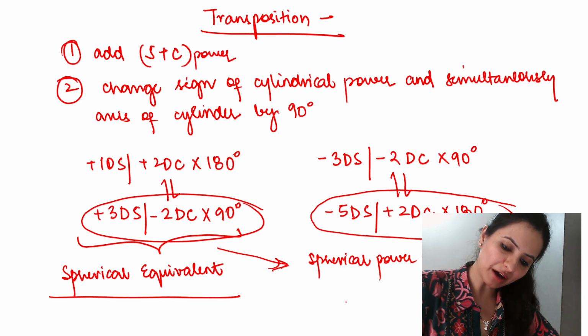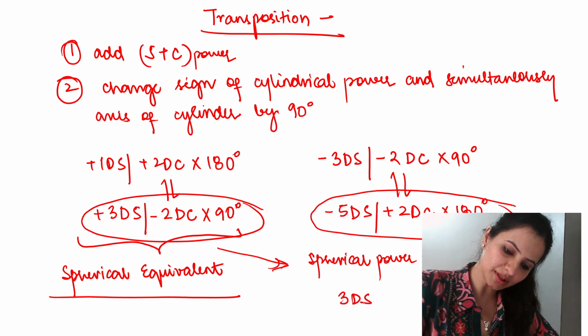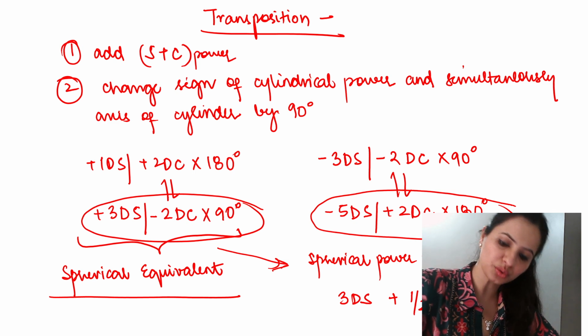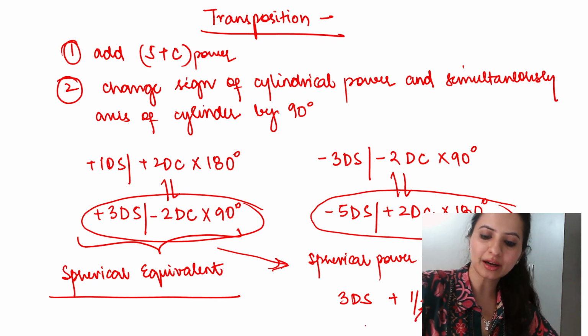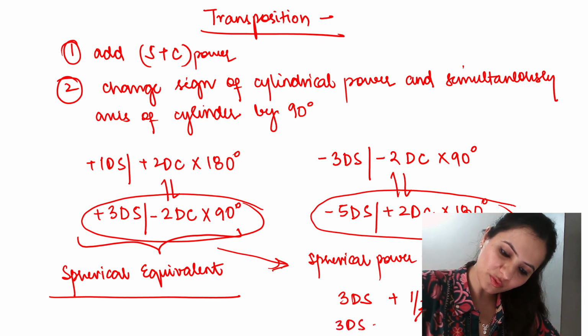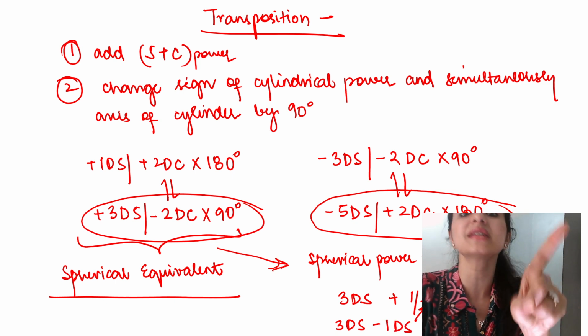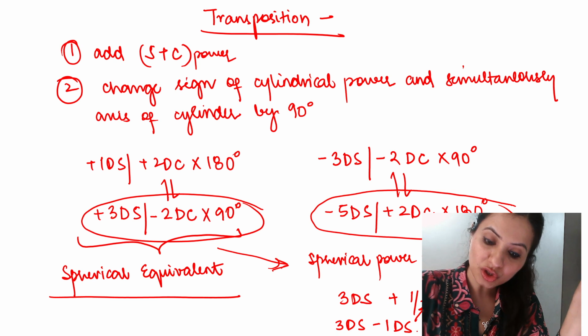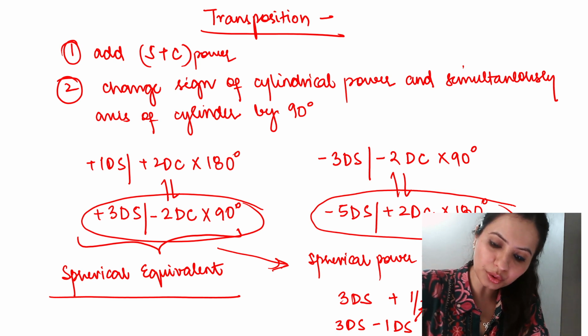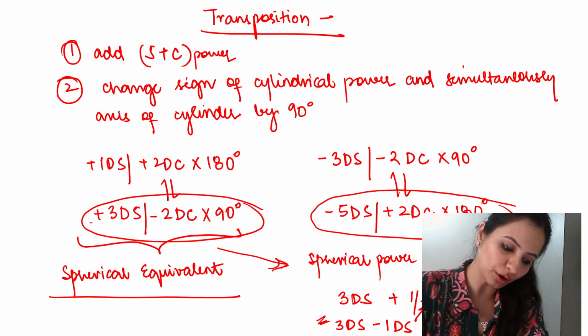So spherical power would be 3 diopter sphere plus half of -2 diopter, so it will come out to be 3 diopter minus 1 diopter, right? We don't have to ignore the signs. Okay, so that will come out to be 2 diopter.